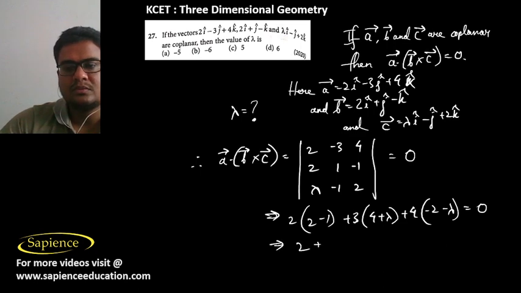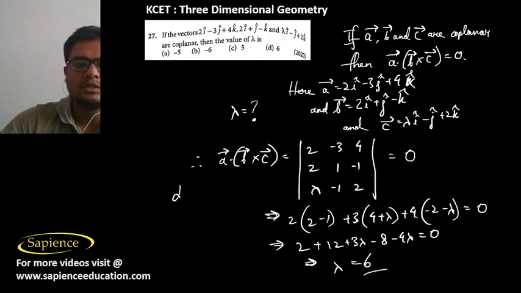Therefore this is 2 plus 12 plus 3 lambda minus 8 minus 4 lambda, equal to 0. This will be 4 lambda minus 3 lambda, that is lambda, equal to 4 plus 2, that is 6. Lambda equal to 6. Option D is the correct answer.